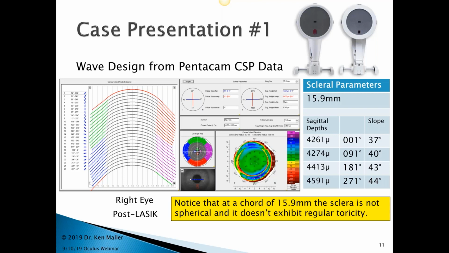We're going to see that as we move forward on this wave design for these 3 cases.